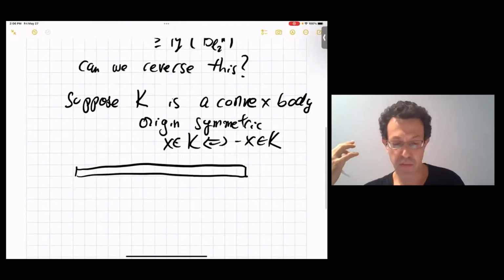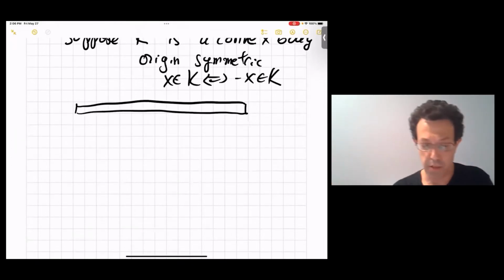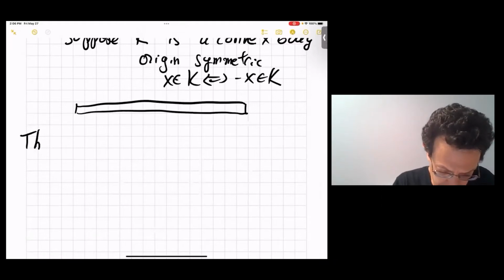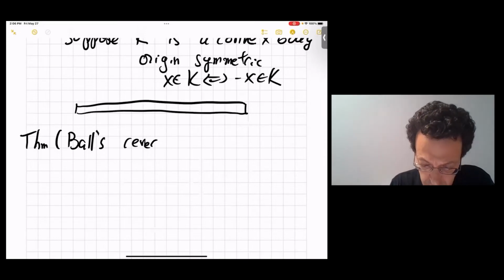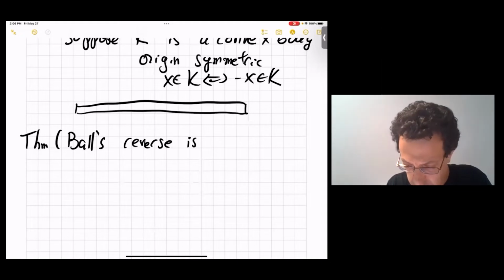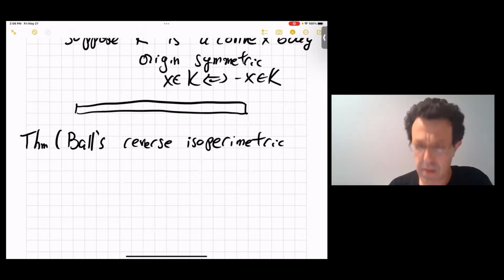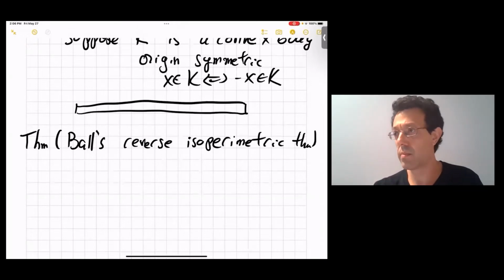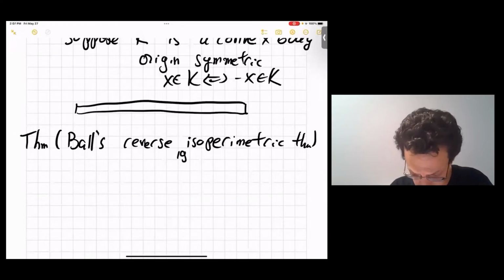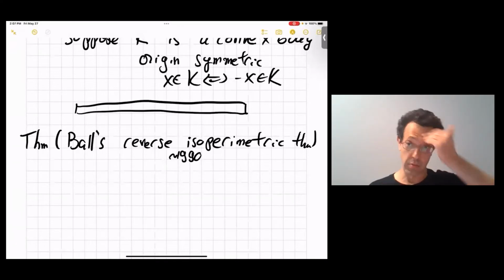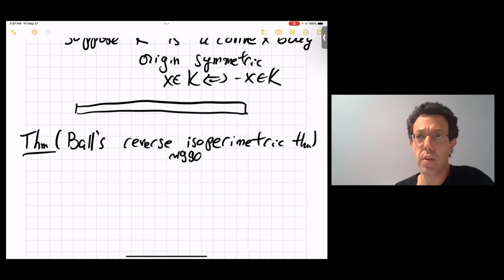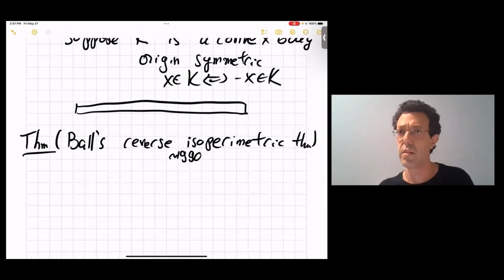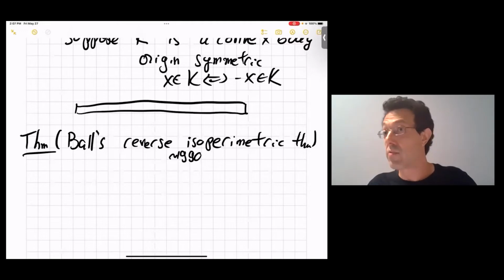And a very beautiful and extremely influential theorem of Keith Ball, called Ball's reverse isoperimetric theorem, from around 1990, 1991, 1992, I don't remember exactly, says that if you choose the basis of R^n correctly, or choose what you mean by volume, then you can reverse the isoperimetric inequality.